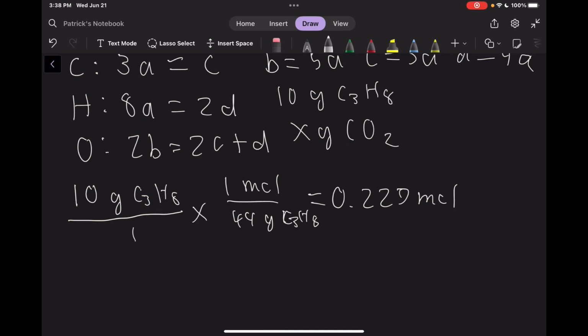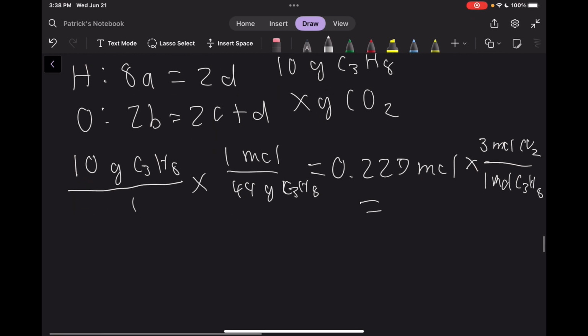By multiplying our moles of propane by this molar ratio, the moles of propane units cancel out, and we obtain 0.681 moles of CO2.